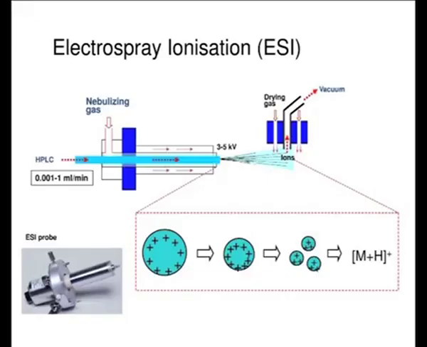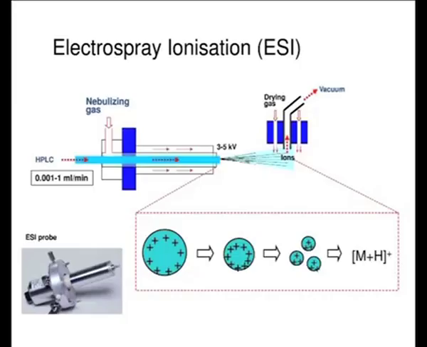Then, due to the high temperature, the solvent starts evaporating. There are two forces acting on the solvent droplet. One is the Coulombic force of repulsion between same charges. The second is surface tension. The surface tension tries to hold all the ions together, but the Coulombic force of repulsion tries to push them far from each other.